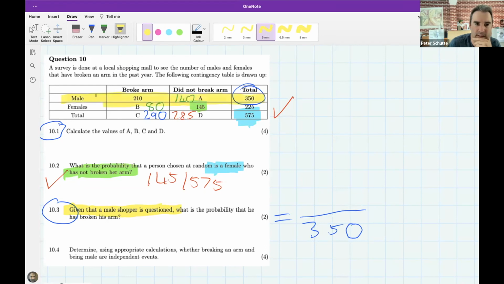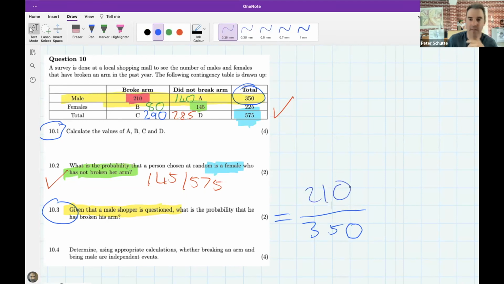What is the probability that they broke, or what is the number? So these guys broke their arms. So it should be that, 210 out of 350. Okay, so they can spice up the questions a little bit with some cool wording, but nothing crazy difficult, especially if you've looked at a few old papers.